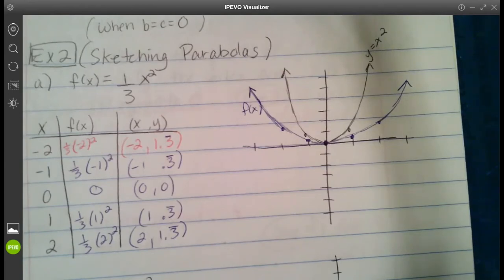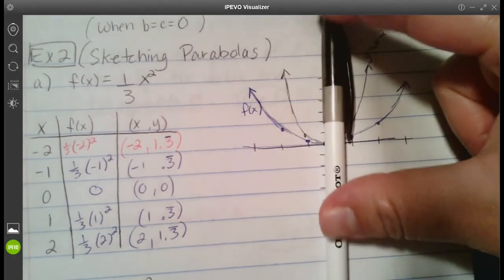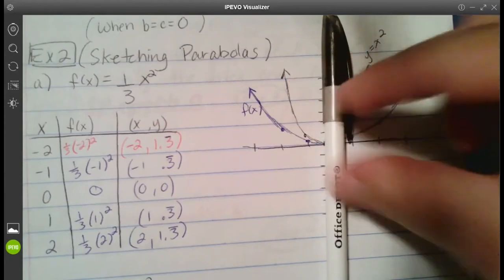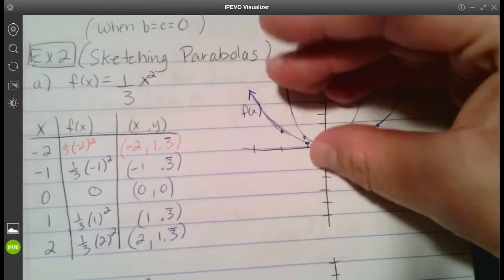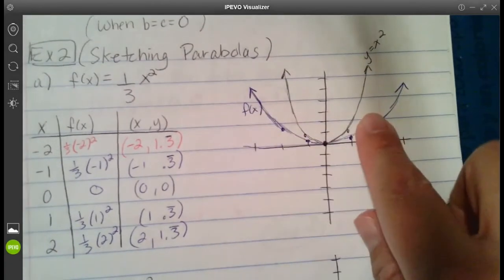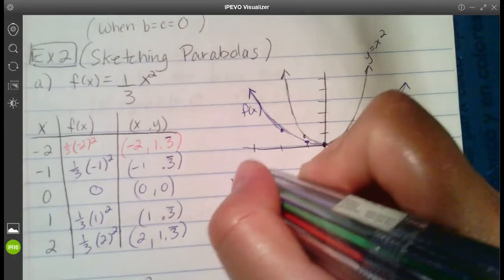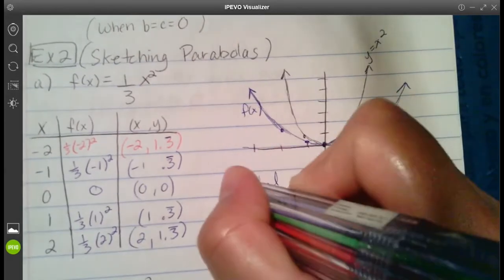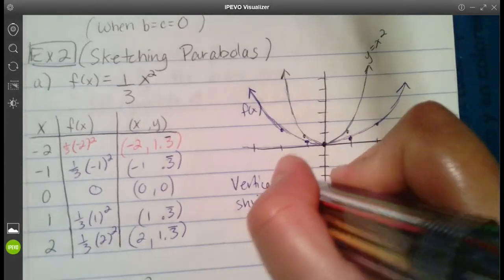Vertical shrink means that if I were to get this pen and squish it vertically, it would be getting flatter. So think of the parabola, I'm squishing it vertically, so that's why it's opening up like this, looking a little bit broader. So just to recall that, we have a vertical shrink or compression, whatever word you prefer, by 1/3.